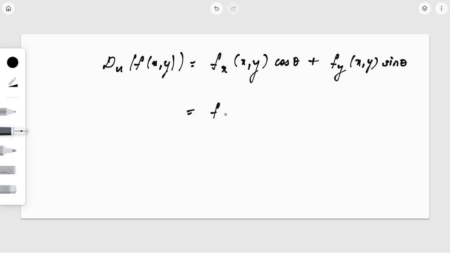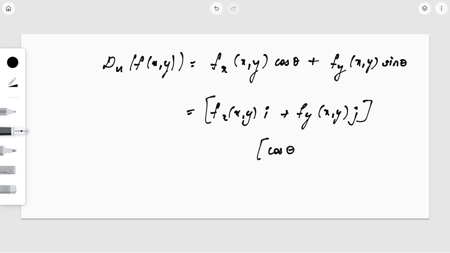Now we can write this as fx xy i plus fy xy j dot product cos theta i plus sine theta j. So this is nothing other than gradient of f of xy, and this is nothing other than our u, which is given in the theorem.